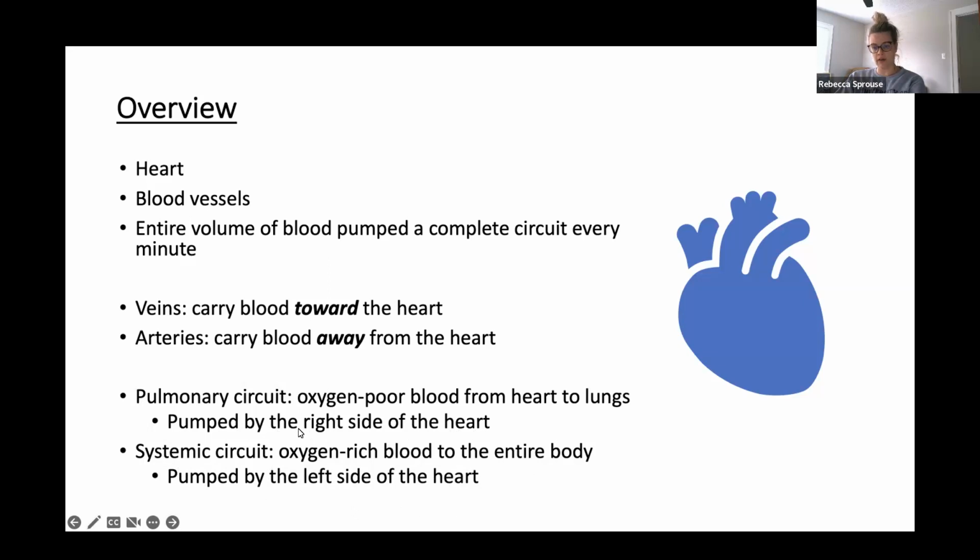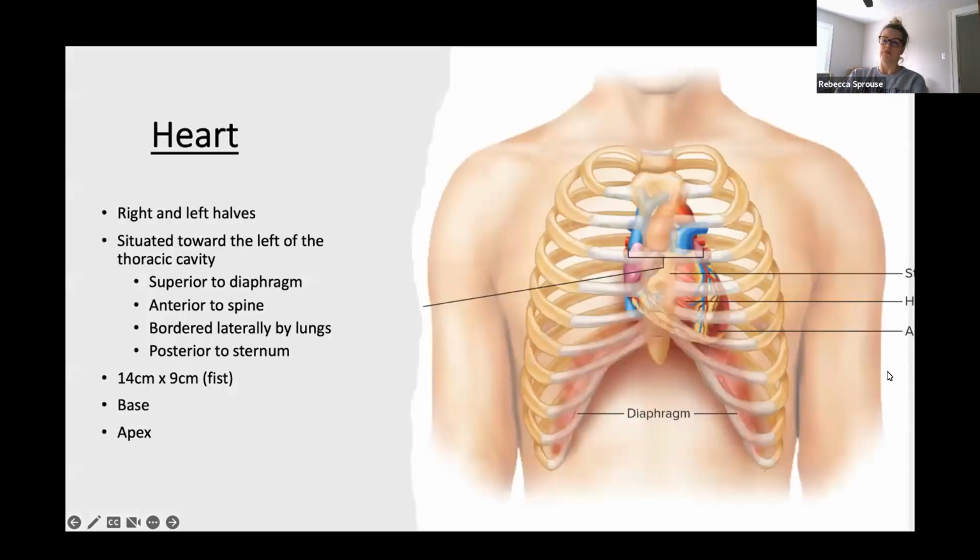The right side of the heart carries oxygen-poor blood and pumps it out to the lungs. Remember that the lungs are where the oxygen is picked up. So the different halves of the heart work very differently, with the right side pumping to the lungs and the left side pumping out to the body. The deoxygenated blood is on the right side, and the oxygenated blood is on the left side.